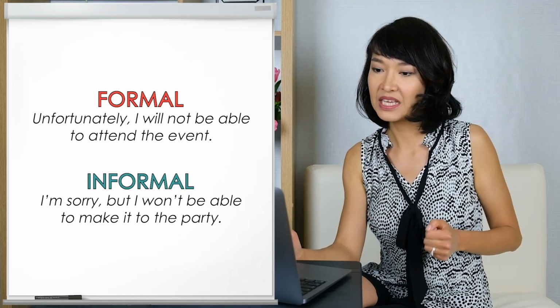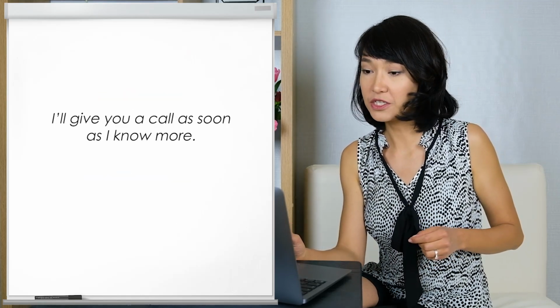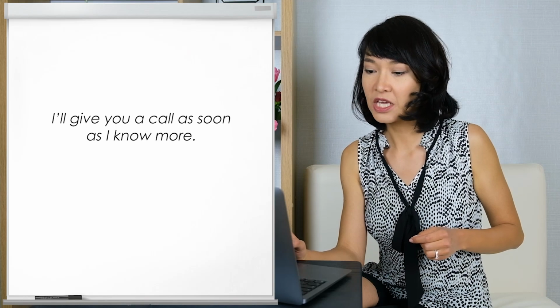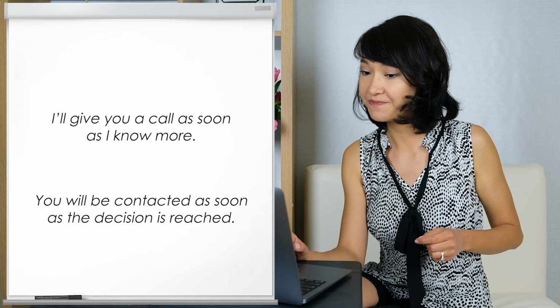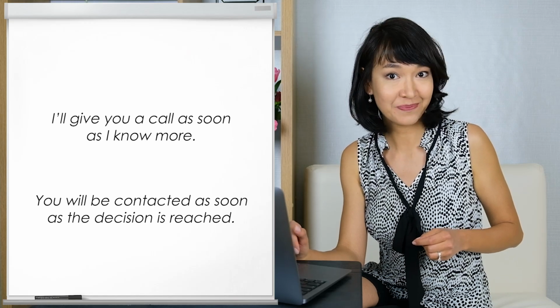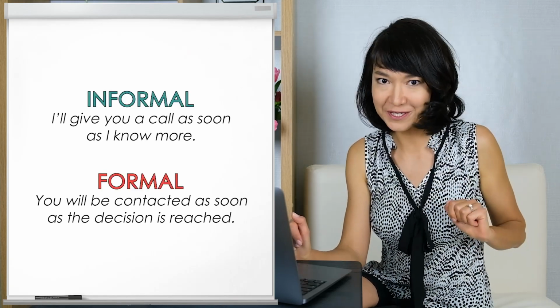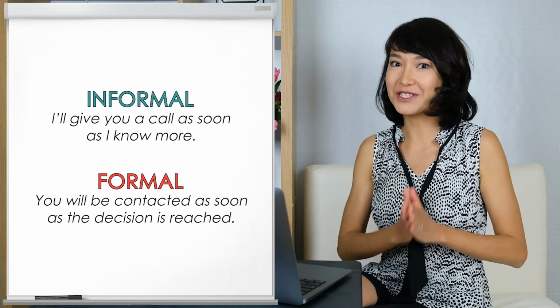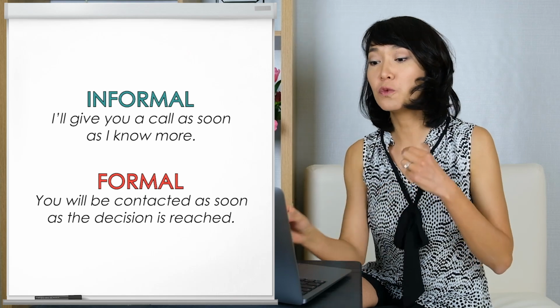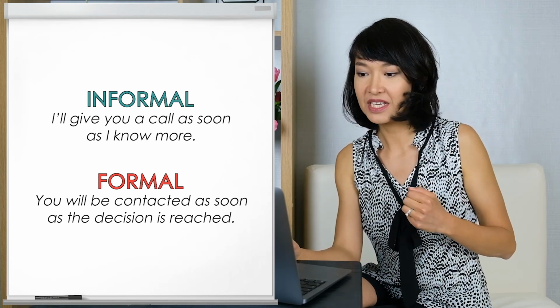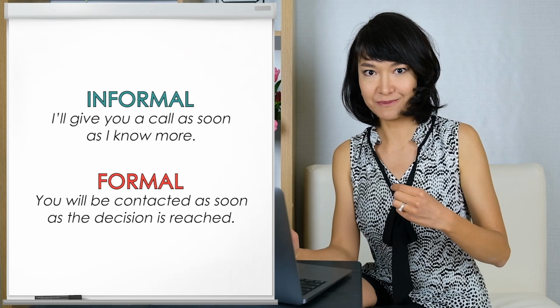Next. I'll give you a call as soon as I know more. You will be contacted as soon as the decision is reached. Which one is formal? Number two, of course. Why? Well, because it uses the passive voice twice. You will be contacted. The decision is reached.